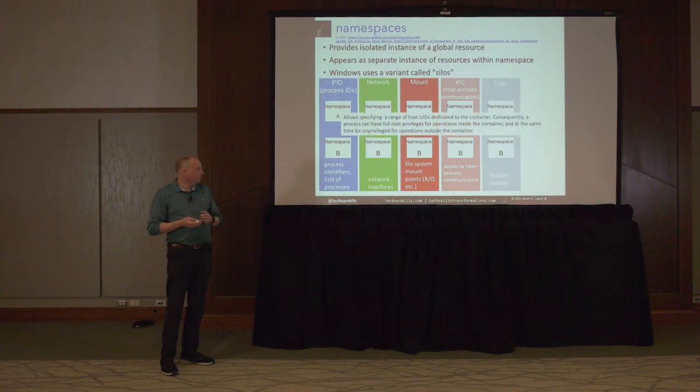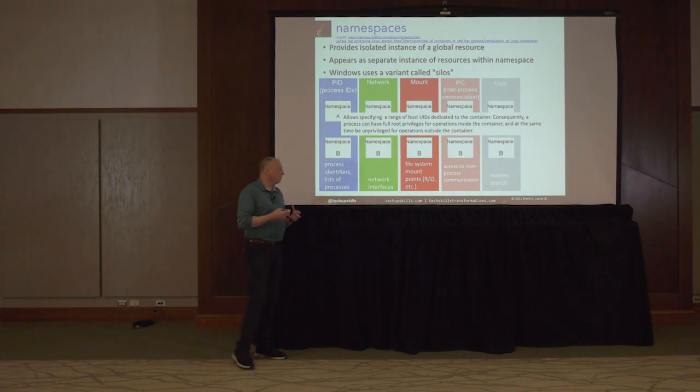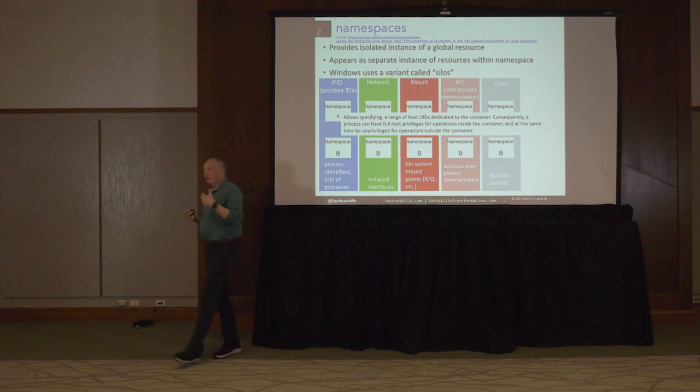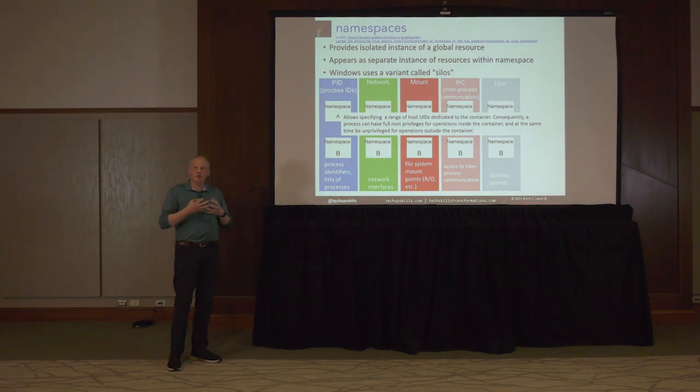User space allows specifying a list of host user IDs. In other words, a process can have full root privilege for processes inside the container and be unprivileged for operations outside the container. What that means is they can keep the processes inside from doing things they shouldn't on the machine where Docker is running.